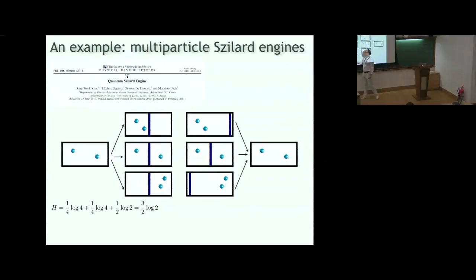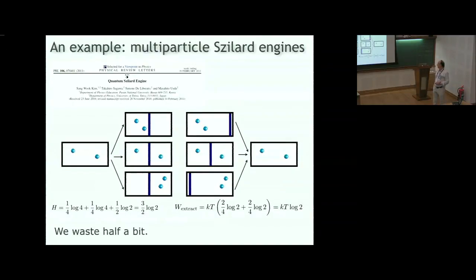So you have 1.5 bits. And the work you extract, if you do the Szilard expansion here, you can calculate it, and it's kT log 2. So you are wasting half a bit.